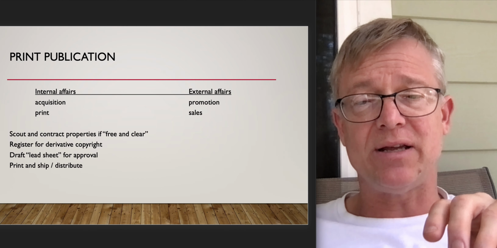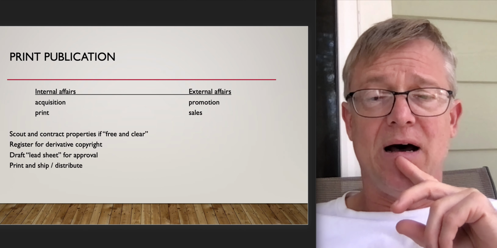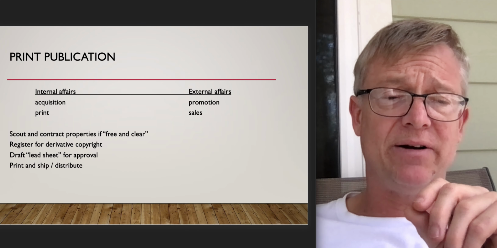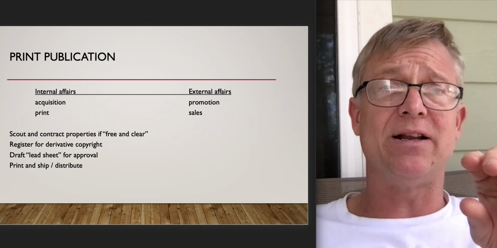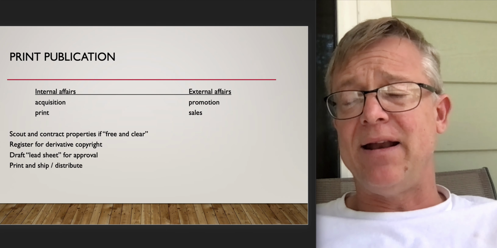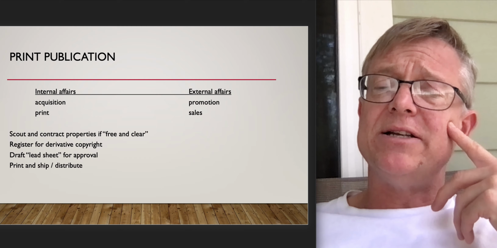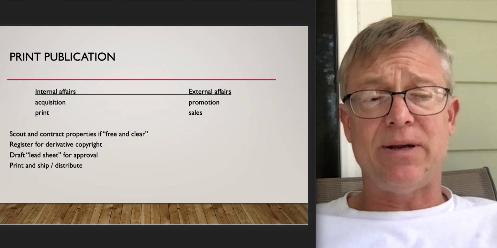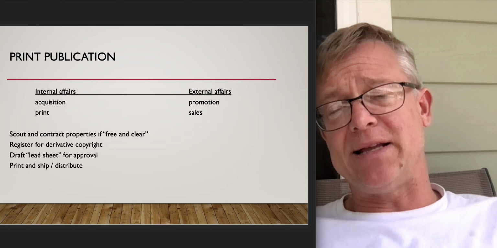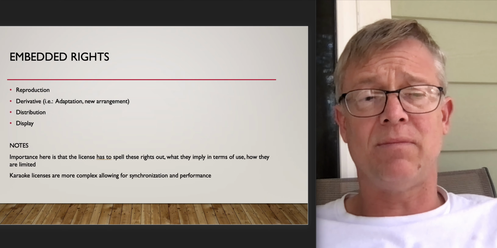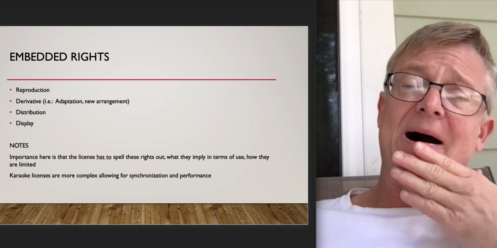So they can change the original song slightly, especially if they want to put it in a new key, for example, or change lyrics around, gender of lyrics from he to she, stuff like that. And then printing, and then distributing, shipping, or online distribution. So that's the job of the print publisher as a business, as part of the music business.